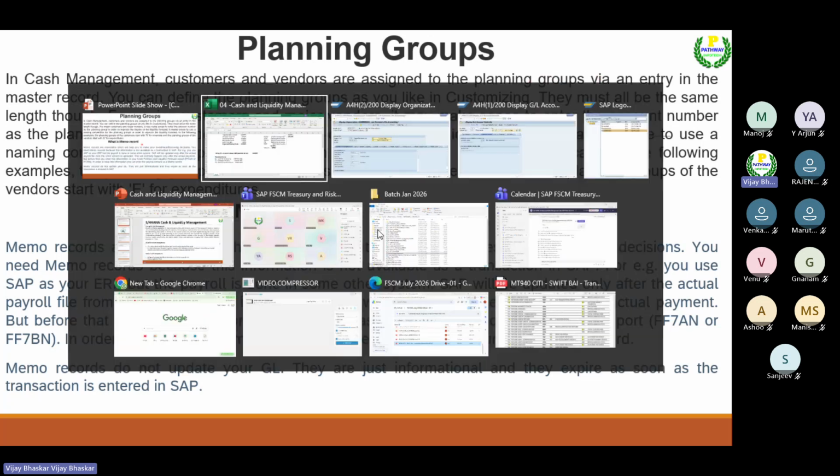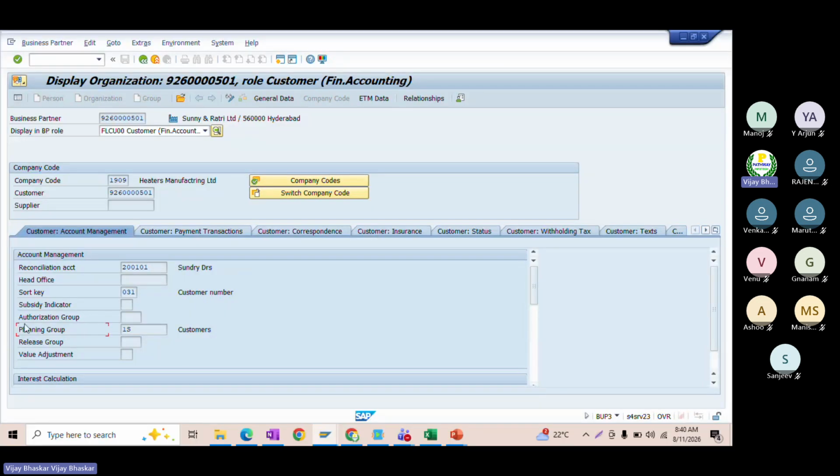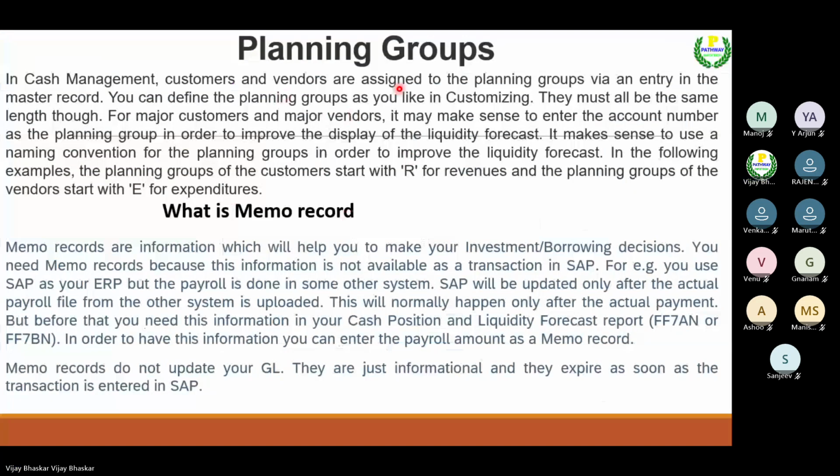As I have already explained a while ago, customers and vendors are associated with the planning group, assigned via an entry in the master record. You can define the planning groups as you like, customize however you want. They must all be the same length though.